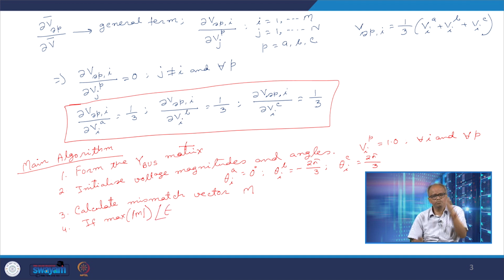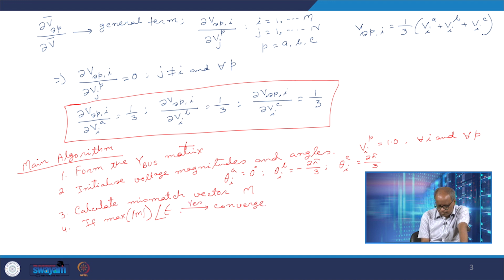M is a vector quantity, so it has, let's say, 100 terms. So first we take the absolute values of all these 100 terms, so the vector becomes a non-negative vector, and then we take the max, and if that is less than some pre-specified tolerance, then we say that it has converged.